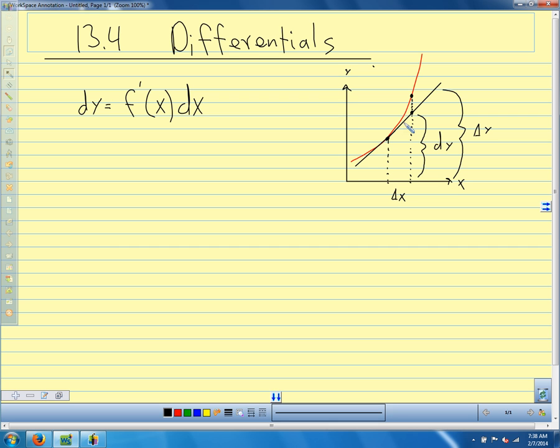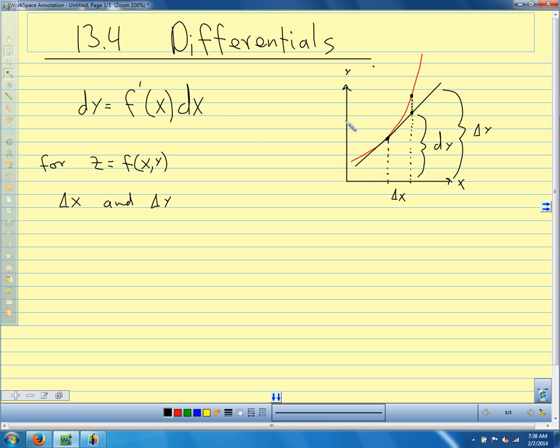So we're going to apply that same concept to a multivariable function. We're going to call delta x a small change in x, and delta y, for z equals f of x, y. So we're talking about a multivariable function now.